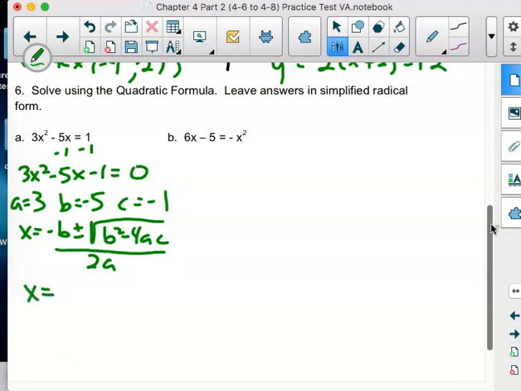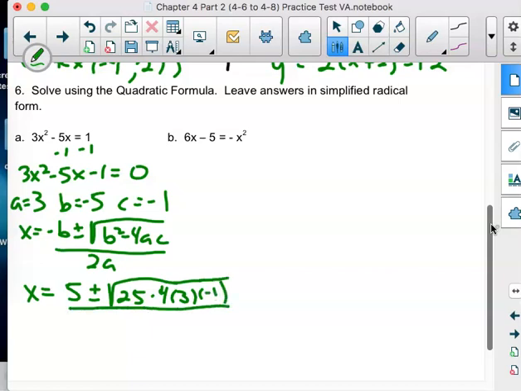What would we start with? 5, right. Negative of negative 5 is 5. Plus or minus, remember, do this one in your head, otherwise if you put it in the calculator, you might come out wrong. Negative 5 squared, 25. Minus 4 times 3 times negative 1. And what do we put on the bottom? 6. 2 times 3 is 6.